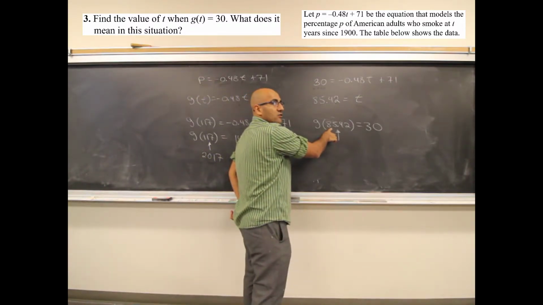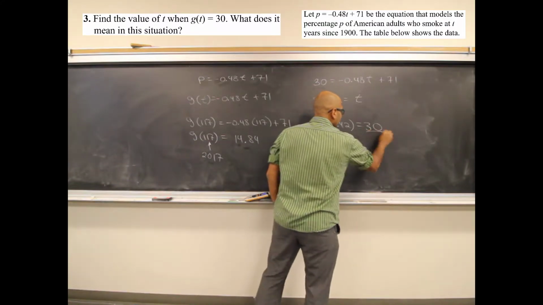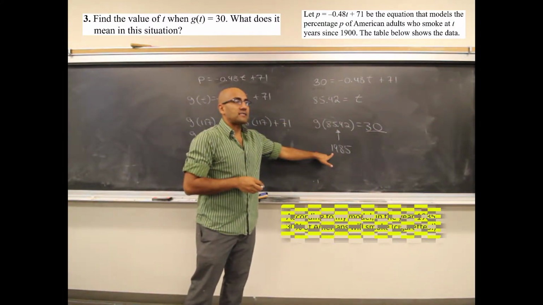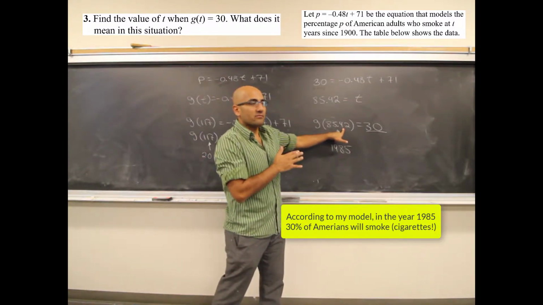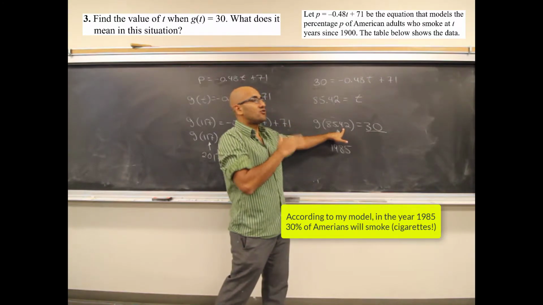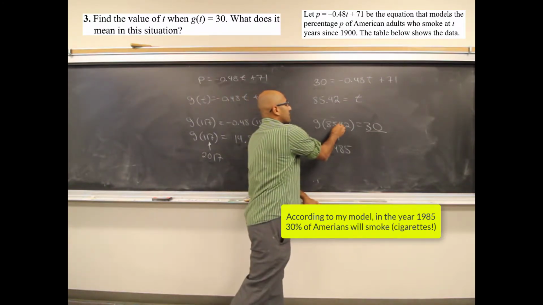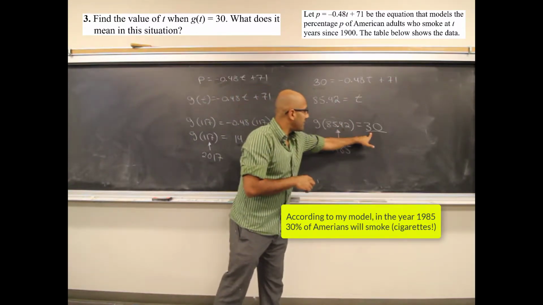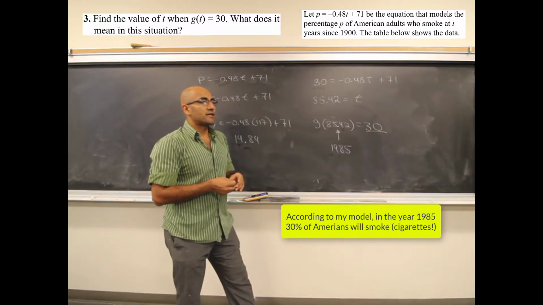This is the input value, which was years. So this is referring to 1985. Okay, so according to my model, in 1985, close to 85 and a half, right? Close to, you know, maybe like June or something like that, halfway through, maybe a little bit lower than that. We'll investigate this in more detail later on. But approximately 1985, about 30% of Americans smoked cigarettes.